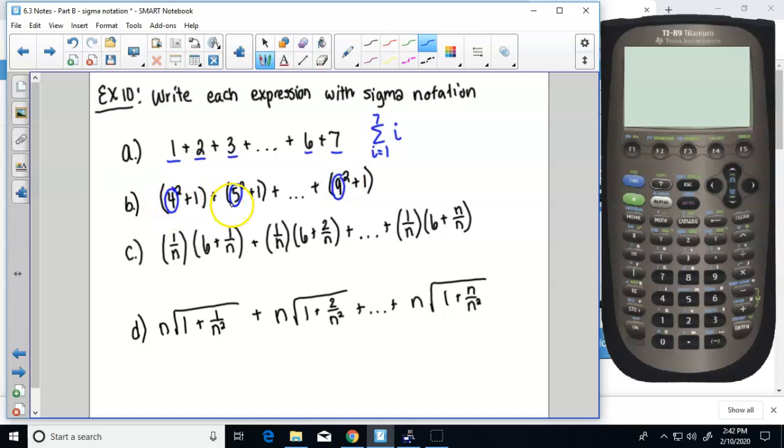This number right here is the one that's changing. So that is our I. So when we do our summation, it's going to be of I squared plus 1. So whatever number is changing, you can just change it to your I. What would our I begin at? It would start at 4. What would it go to? 9.